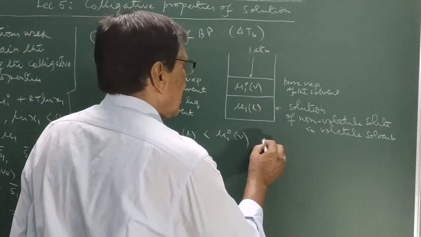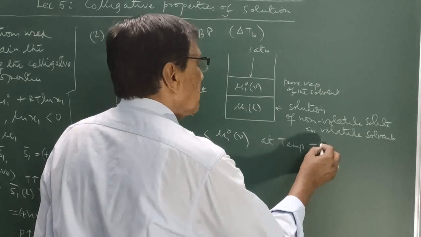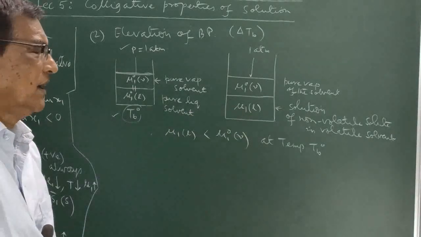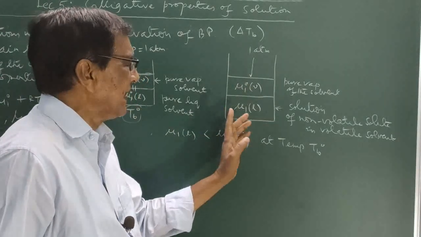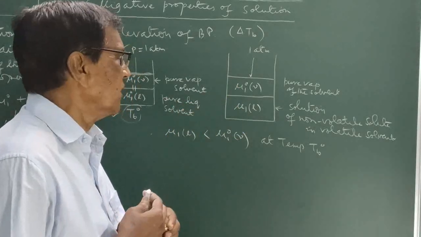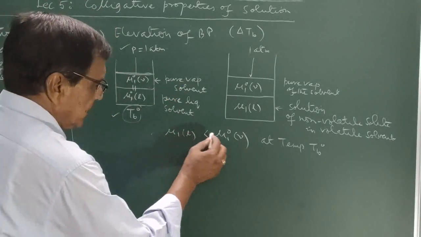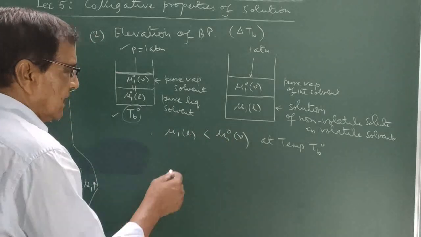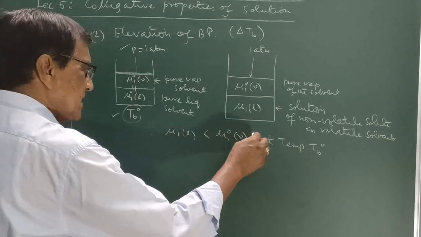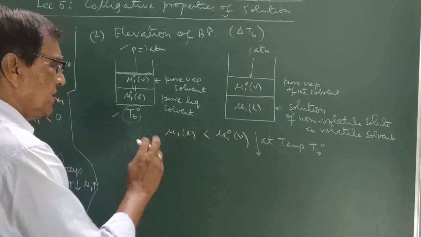Actually, at a temperature TB naught and pressure 1 atmosphere, the solution will not boil. In order to boil this solution, again these two terms should be the same, equal. Then again the equilibrium will be established. This could be equal only when this one is decreased, and this one is decreased more than this one.